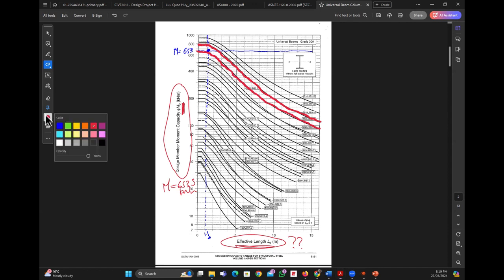Yeah, I think we would need to take the bigger one, so it will be this one. Even though it is closer to the smaller one, it might be unsafe if you use the smaller one. So you need to be conservative and choose the biggest one. Okay. So what is the section suitable for this? 610.